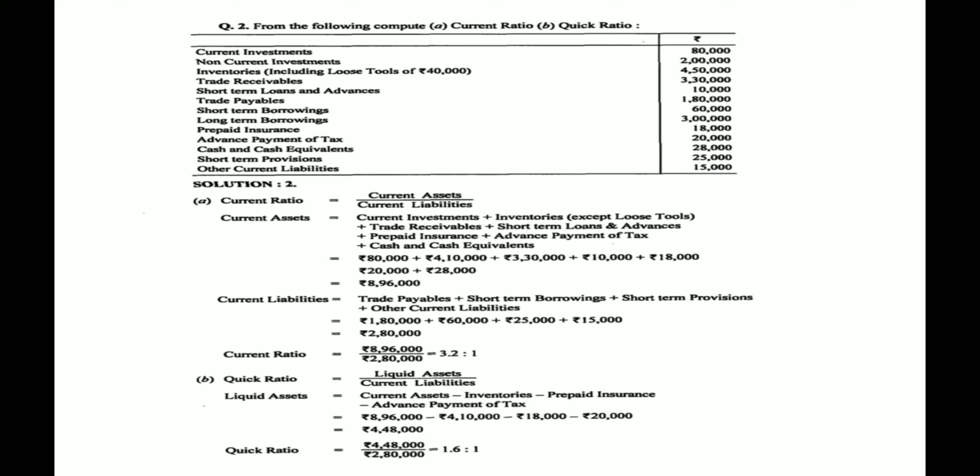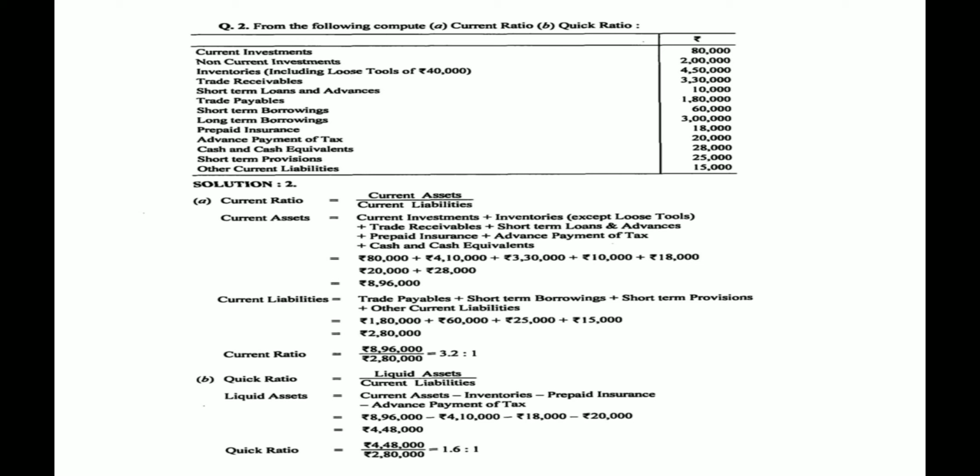So your current assets will be 8,96,000. After that, current liabilities: trade payables plus short term borrowings and short term provisions and other current liabilities. After dividing, you get 3.2:1. It is satisfactory because it is greater than the ideal ratio.